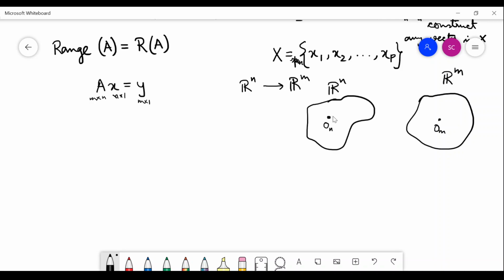So now what is this doing? This is taking any vector from this vector space and putting it in these vectors. That is what it is doing.